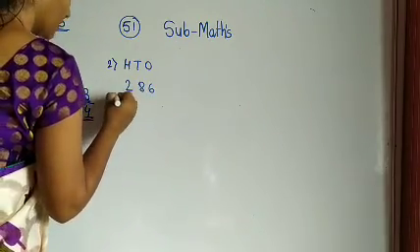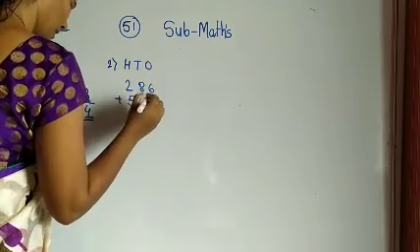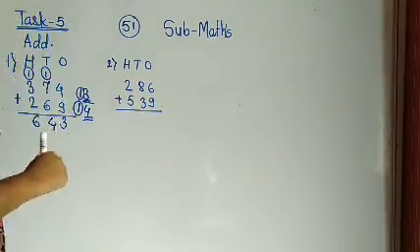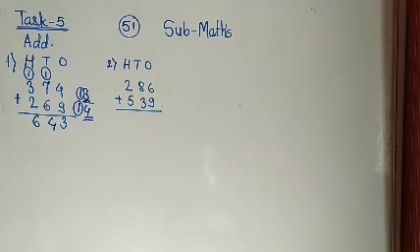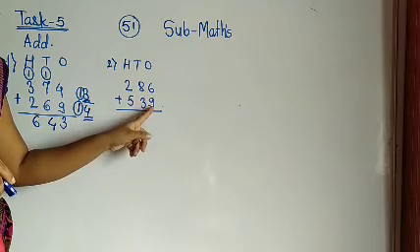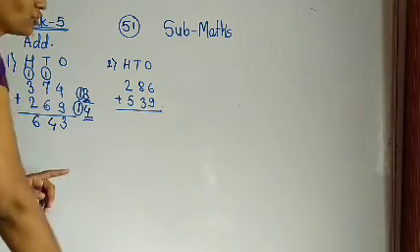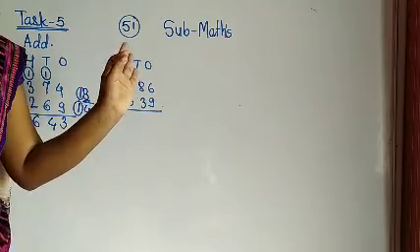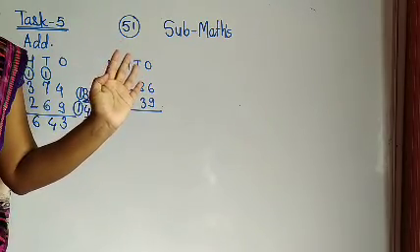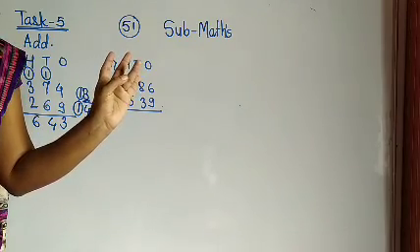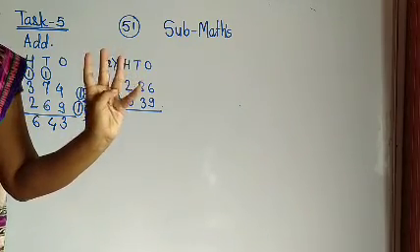286 plus 539. So add it. Now 6 plus 9. After 6 you have to count 9. How to count? After 6 what number is there? 7. So count 7, 8, 9, 10, 11, 12, 13, 14, 15.